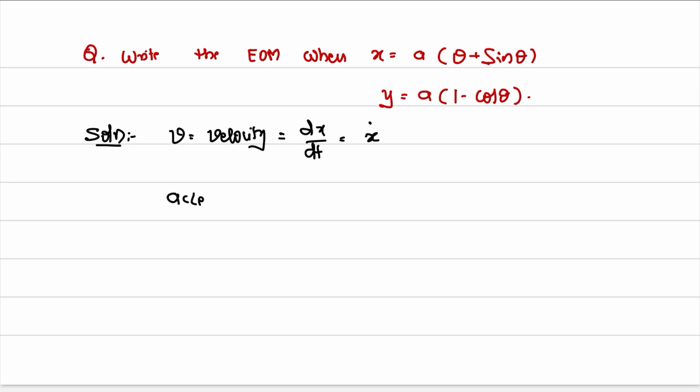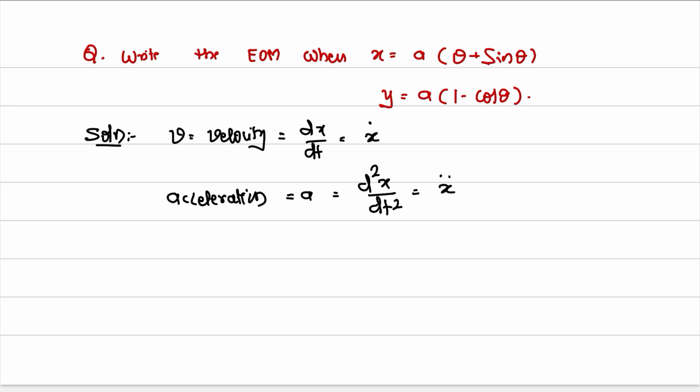Acceleration a, instead of dx by dt, it is x dot. This is d square x by dt square. Do you agree? If there are two differentiations, then x will get two dots. X dot is equal to dx by dt, x double dot is equal to d square x by dt square.